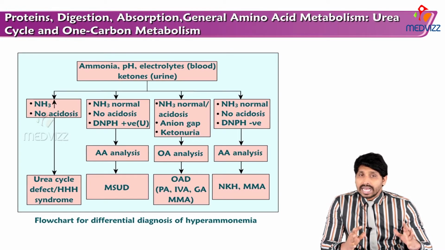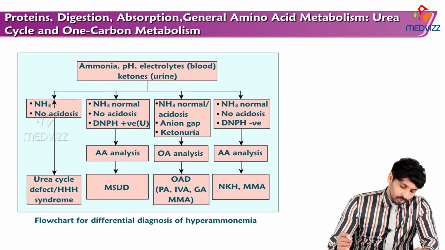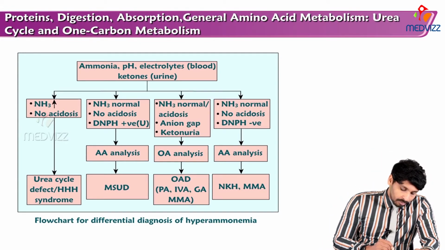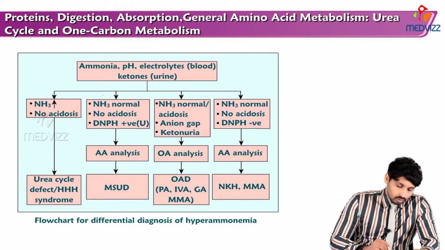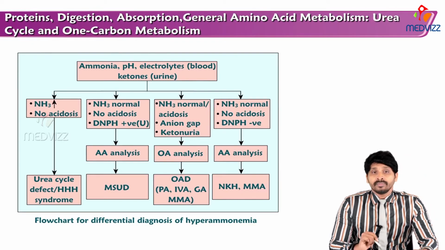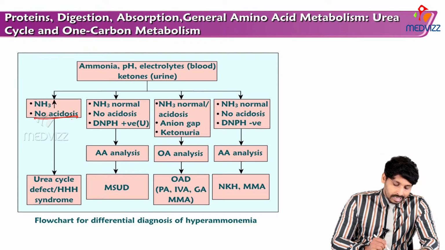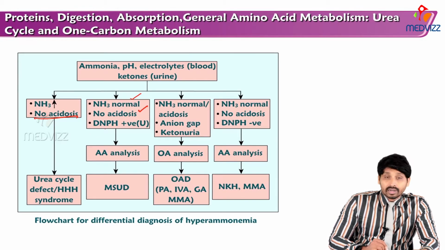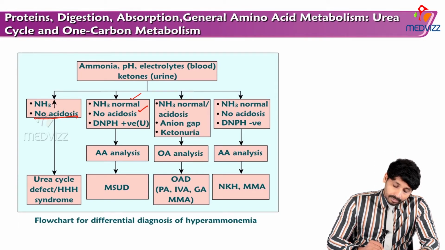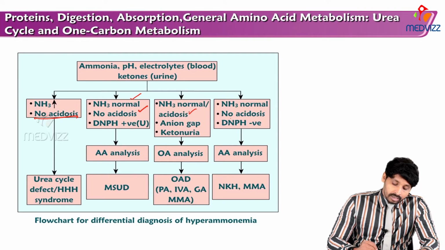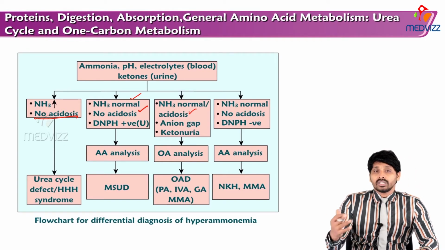So how do we diagnose it? Looking at ammonia, pH, electrolytes and ketones in the urine: in one case ammonia is increased and there is no acidosis. In another, ammonia is normal, there is no acidosis, and dinitrophenylhydrazine (DNPH) is positive in urine. In another, NH3 is normal but there is acidosis, an anion gap and ketonuria. And next, ammonia is normal, no acidosis, and DNPH is also negative, so further analysis has to be done.